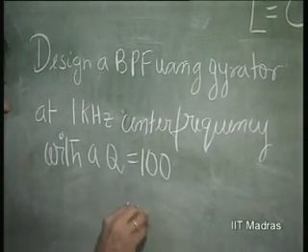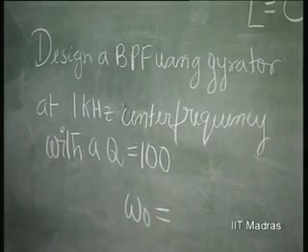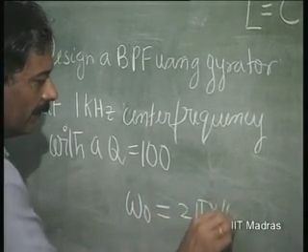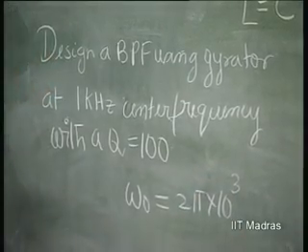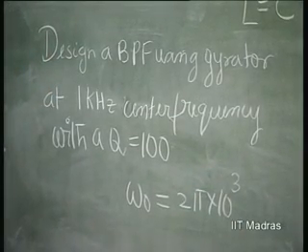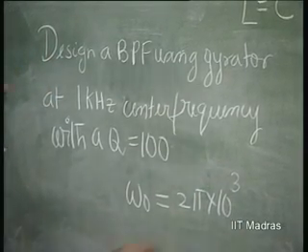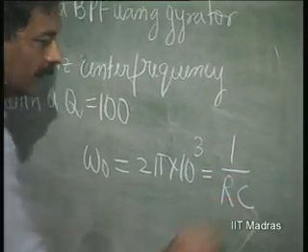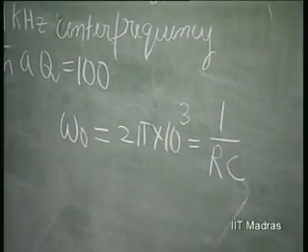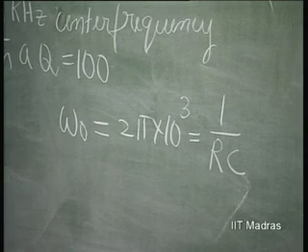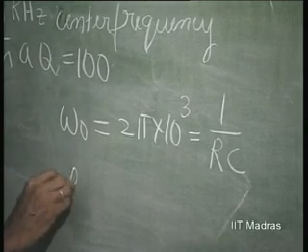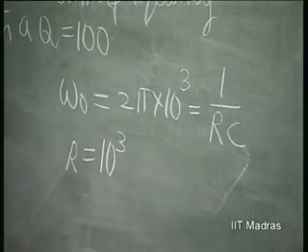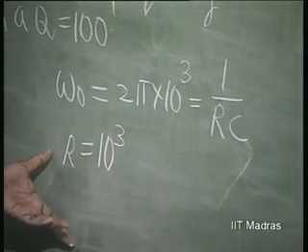Omega naught is given as 1 kilohertz, that means 2 pi into 10 to power 3. This is equal to 1 over R into C. For a change, we will take R as 1 kilo ohm. Last time we took it as 10 kilo ohm.